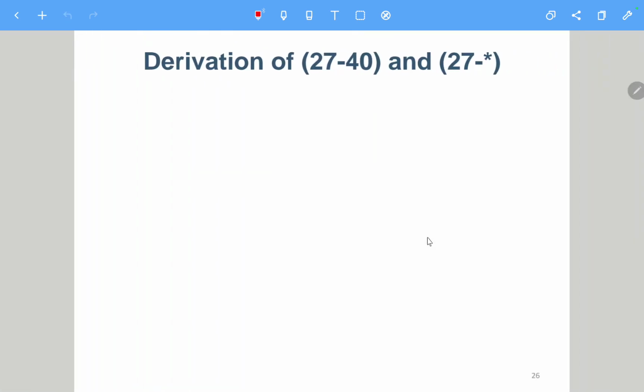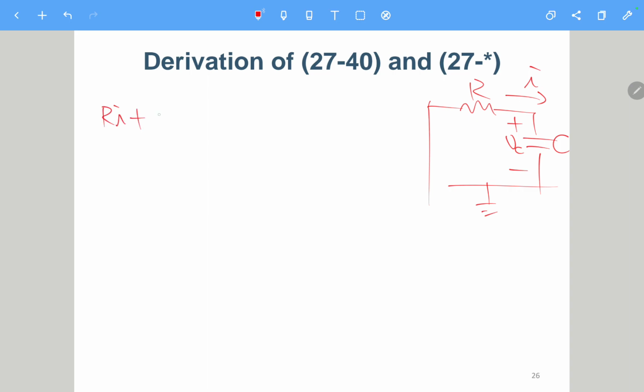So in that case, the circuit will look like this. This is C, this is VC, and then this is I. Okay, so writing the ODE governing this circuit will be like R times I plus VC equals 0.